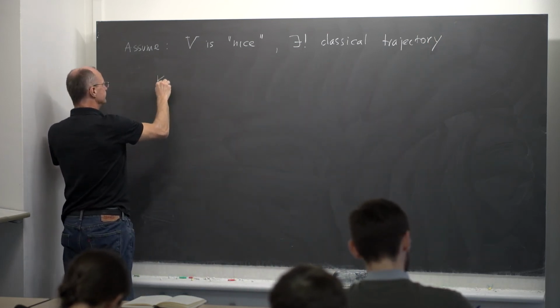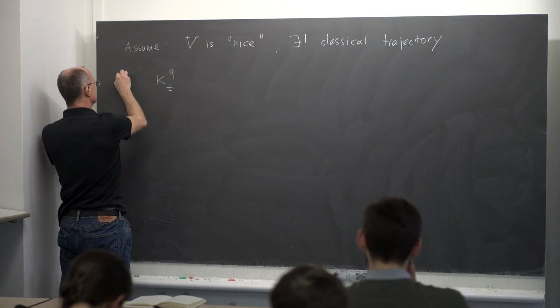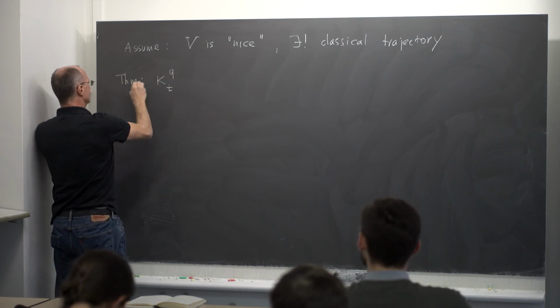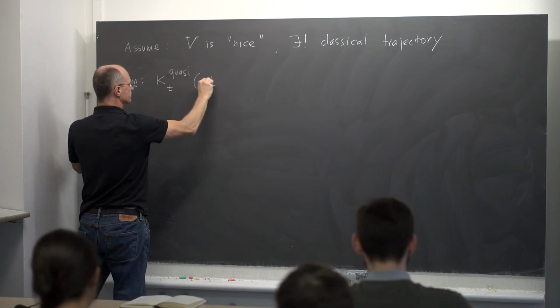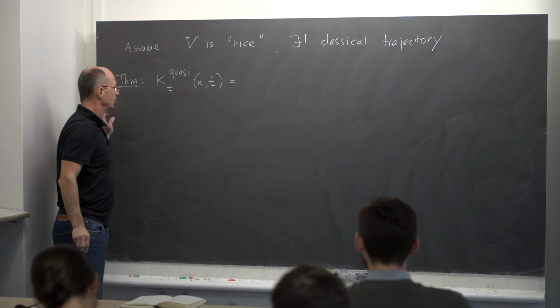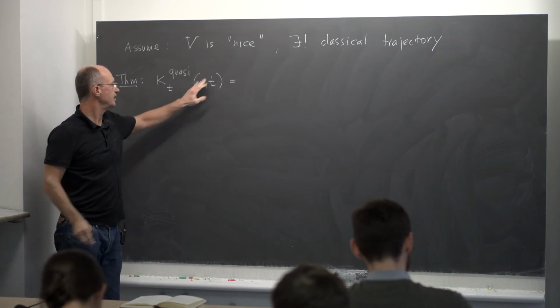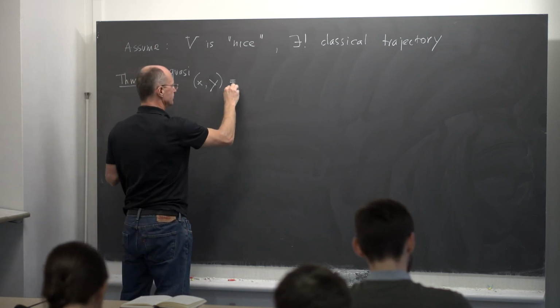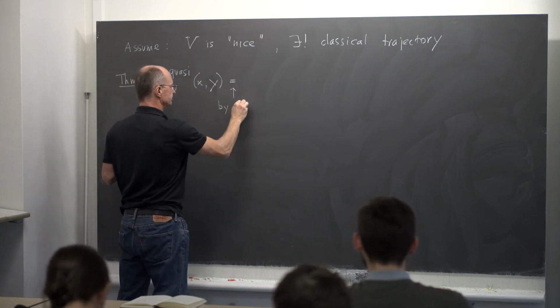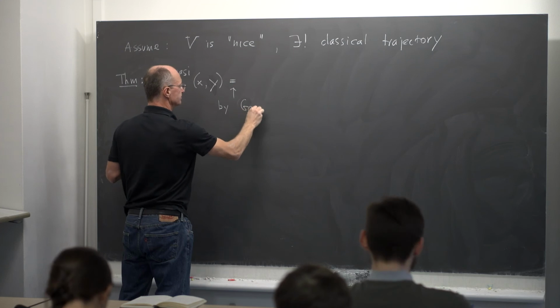So, theorem. So this K_t quasi of x, y, it is defined as a Feynman path integral, right? By Gaussian approximation.